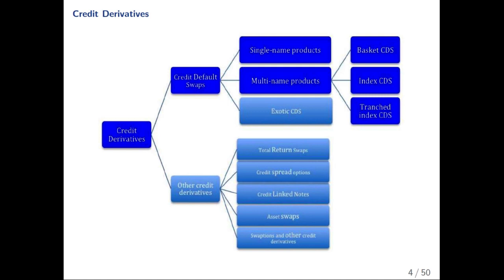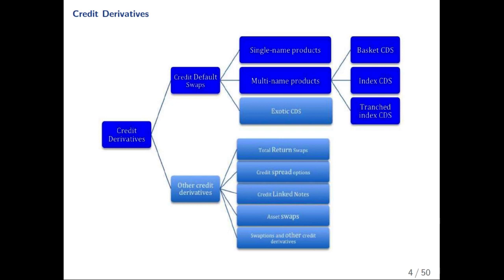And loosely speaking, we can dissect credit derivatives in the following way. We can think about credit default swaps as one particular product and group everything else into related credit derivatives. Within the credit default swaps market, there are two main players, which is the single name credit default swaps and multiple name credit default swaps.